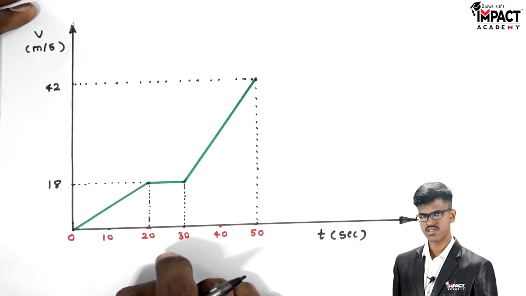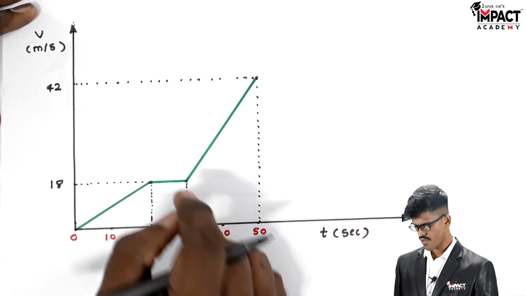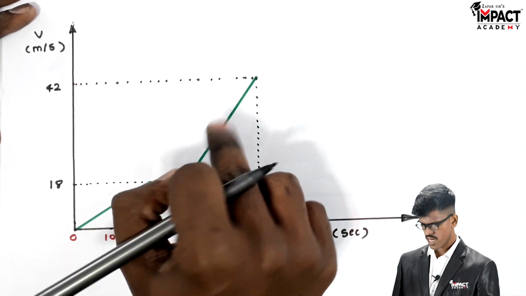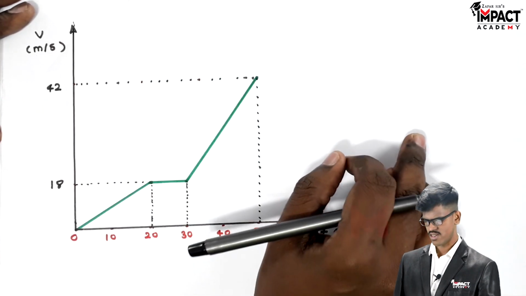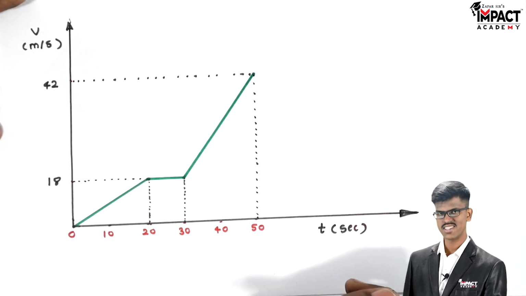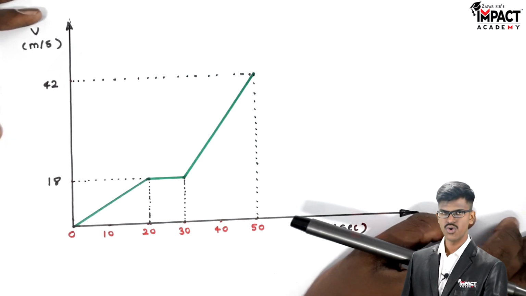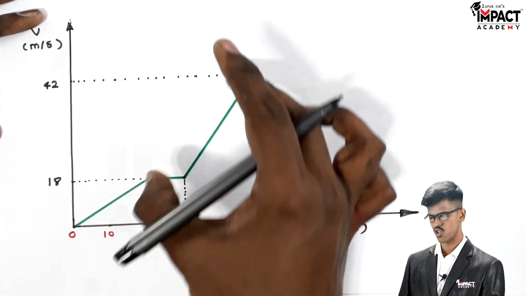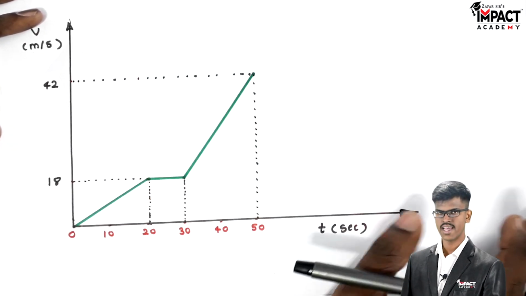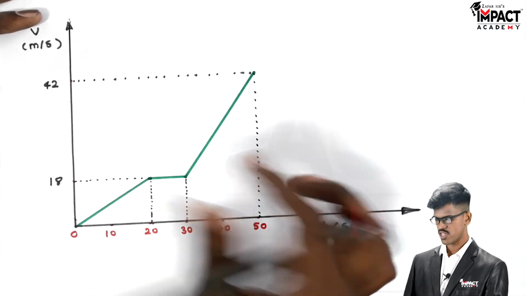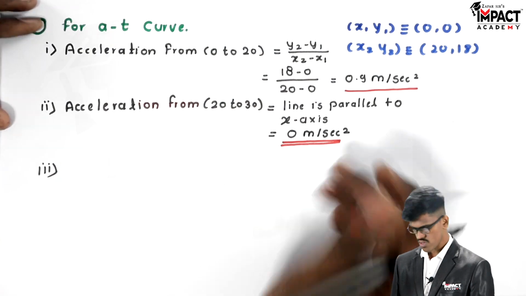From 30 seconds to 50 seconds, the velocity keeps on increasing at a constant rate. The rate of change of velocity is constant, which means the acceleration is also constant. We have to find the acceleration for this line. If we find the slope of this line, we get the acceleration. So we find the slope using the two-point form.